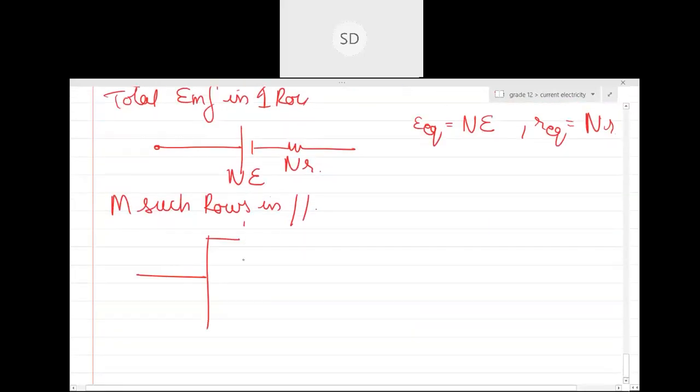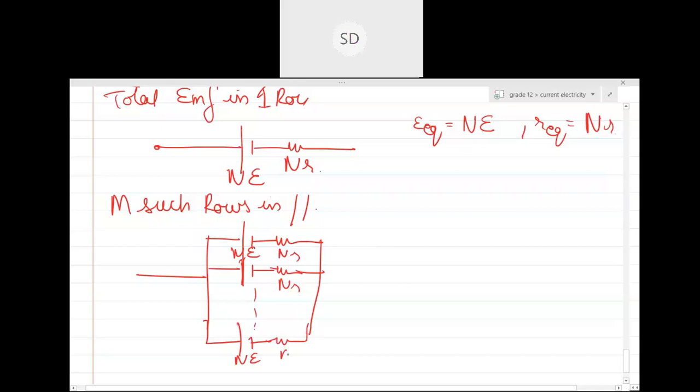Will it be something like this? How many rows? 1, 2, and will it be like this? Yes, sir. So they are in parallel, so E equivalent for the whole circuit.